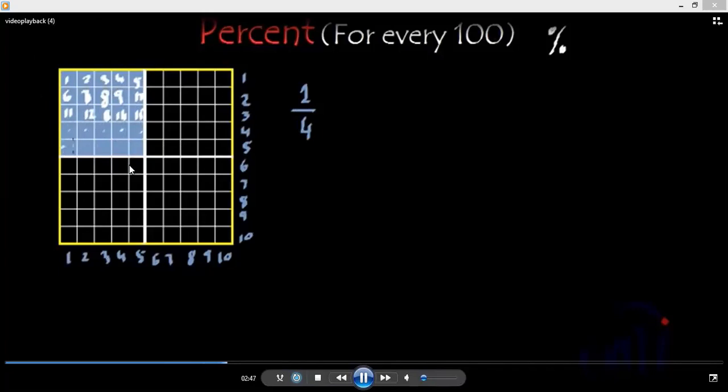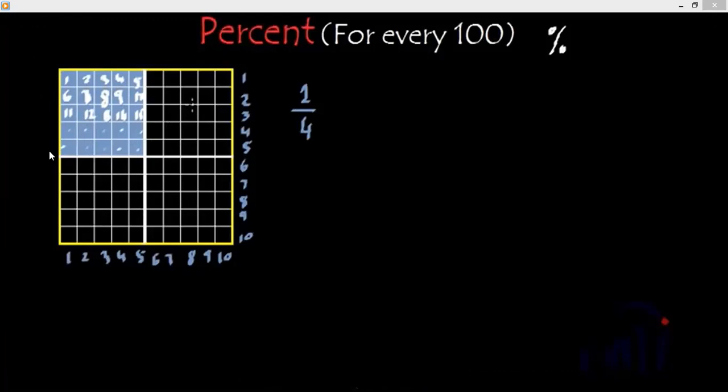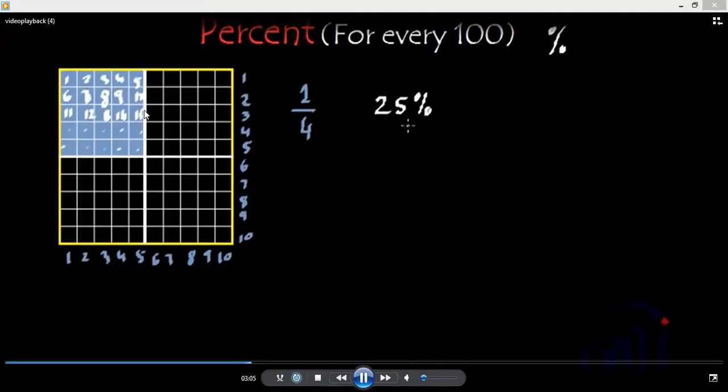So 5 times 5 equals 25, which means the part which is actually eaten is 25 out of how many? Yes, out of 100. Then if I want to express this as a percent, it will be 25%.